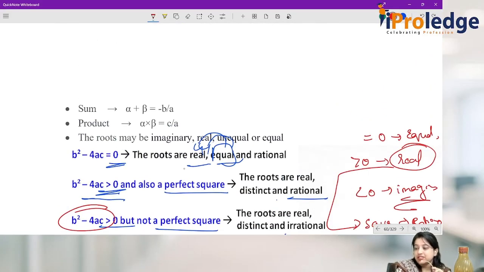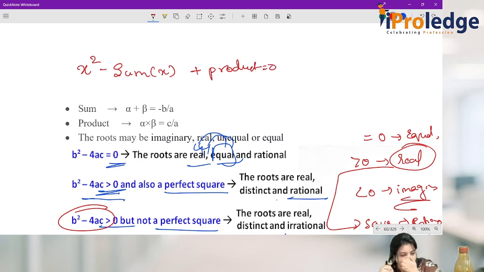Write it up there: x square minus sum into x plus product equal to 0.